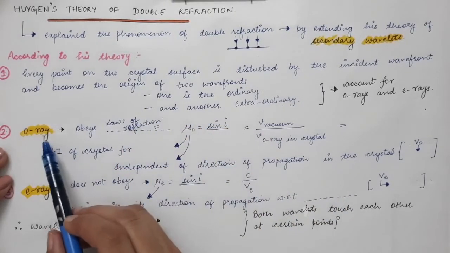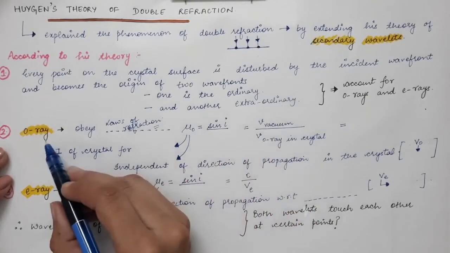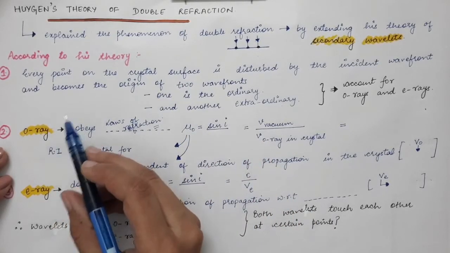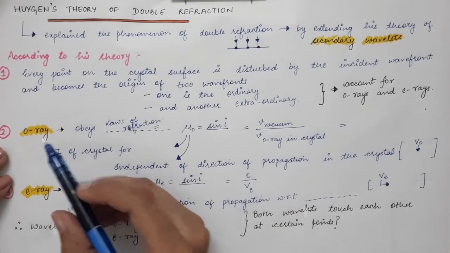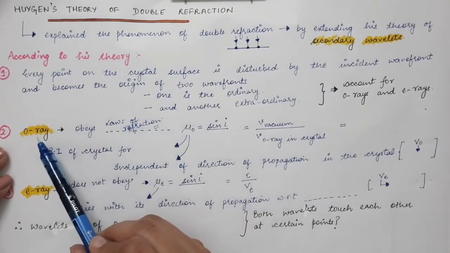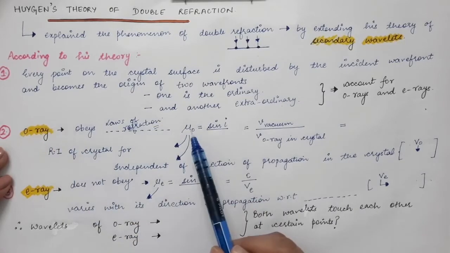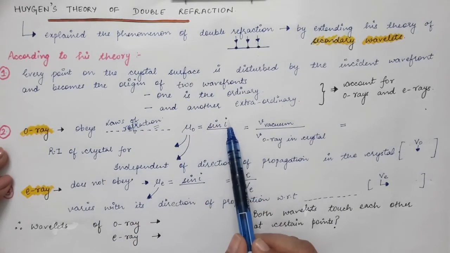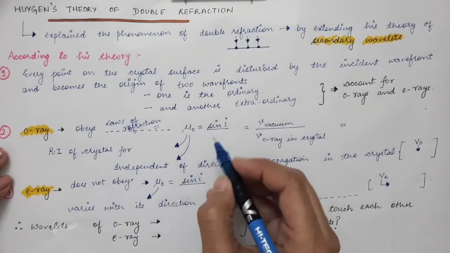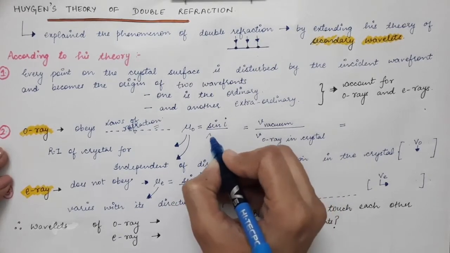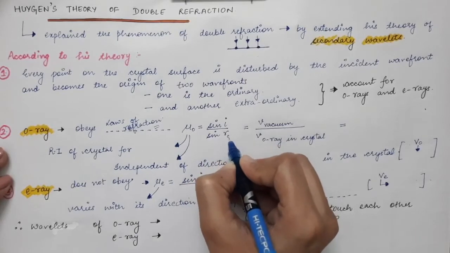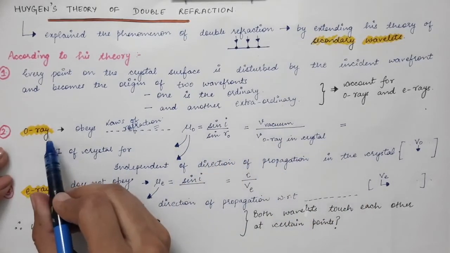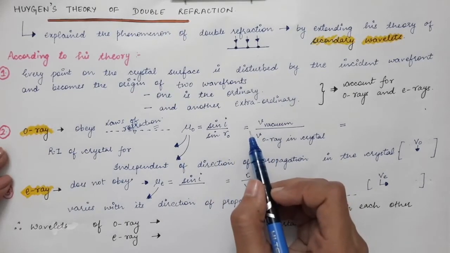The ordinary ray experiences some refractive index inside the double refracting material. So what is the refractive index for the ordinary ray? Using Snell's law, it is equal to sin i divided by sin r_o, where r_o is the angle of refraction for the O-ray inside the double refracting material.